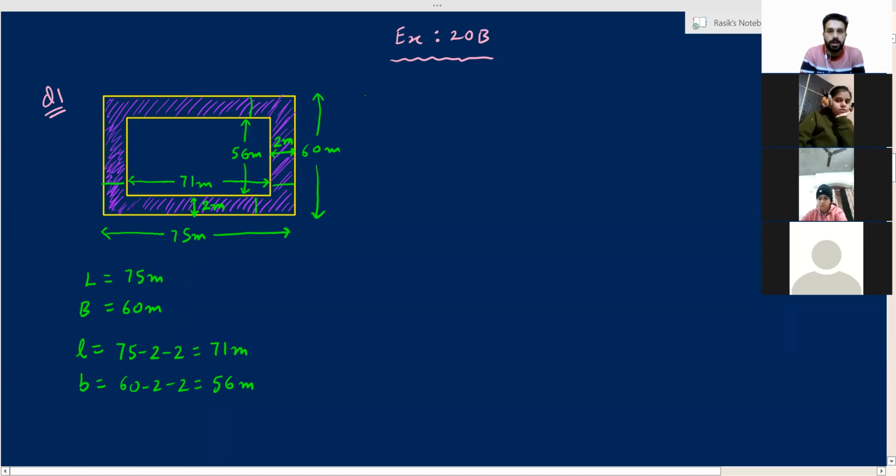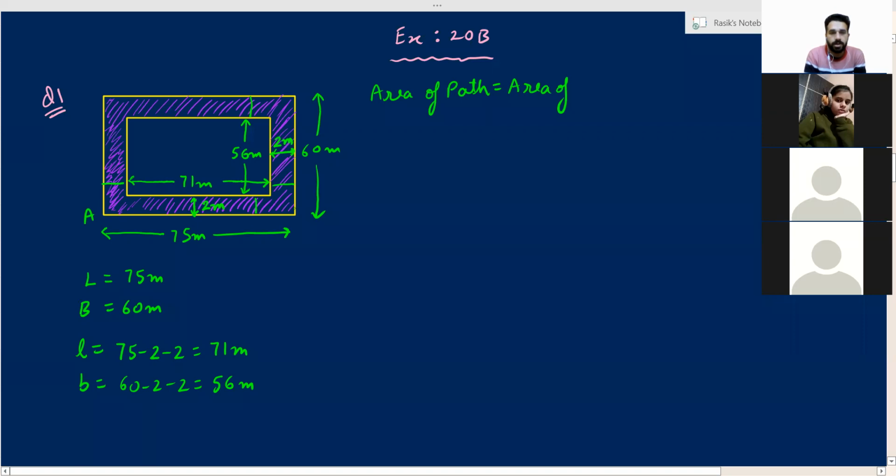So let's find the area of the path. Area of path will be area of, let's name the rectangle as ABCD. Outer rectangle is ABCD. And inner rectangle, let's name as PQRS.